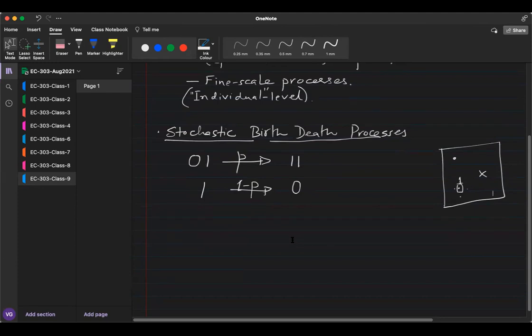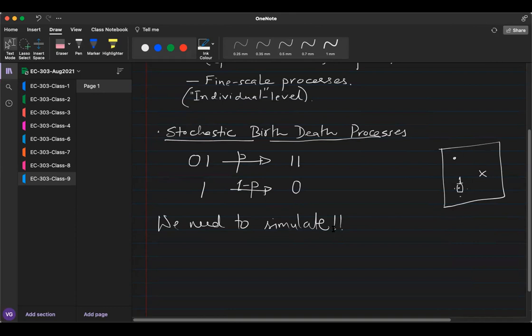Now, to really understand what happens to the system with these types of stochastic birth death processes, one really needs to do what? Simulate. So we need to simulate these rules that I described, a lot more carefully with every step, as in the previous class.